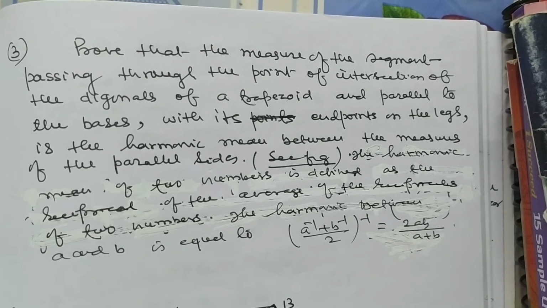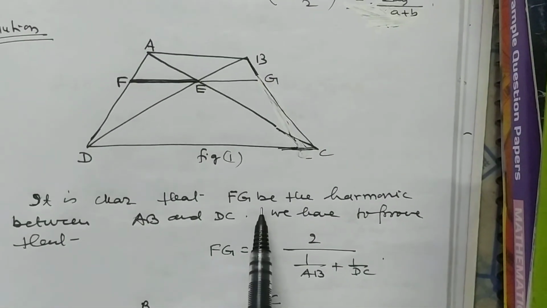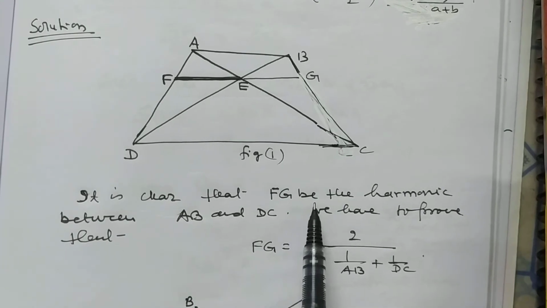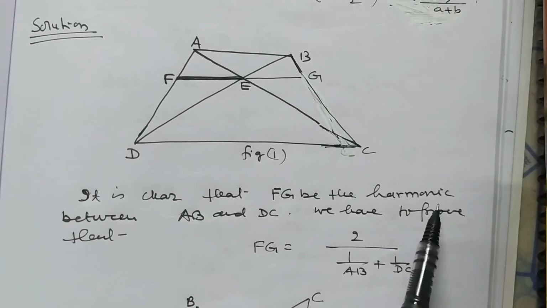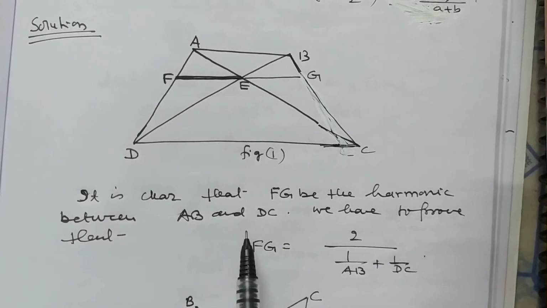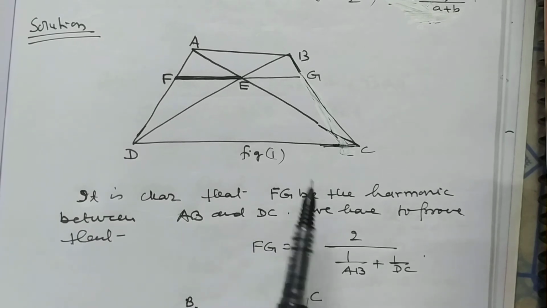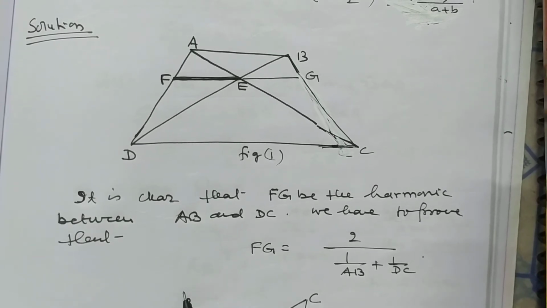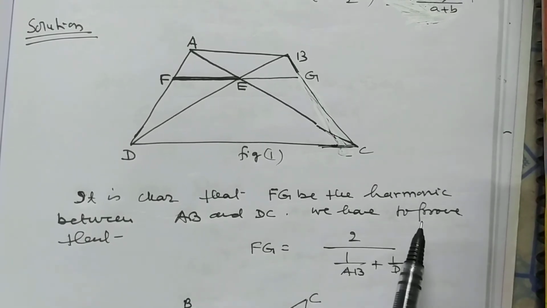It is clear that FG is the harmonic mean between AB and DC. We have to prove it.